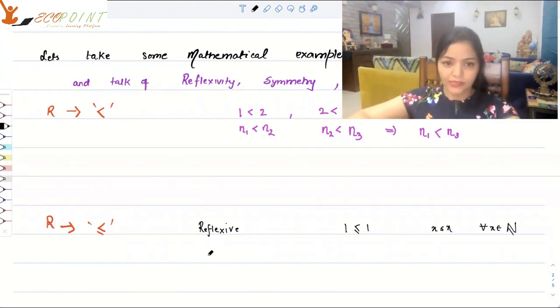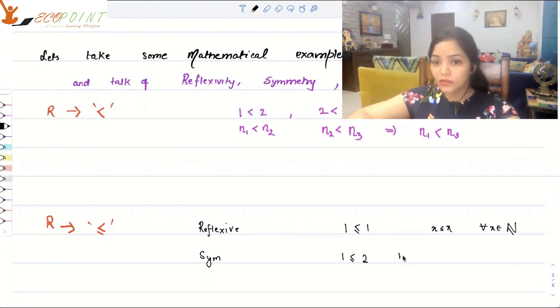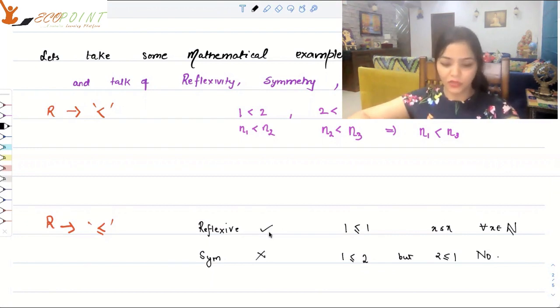Now, is this relation symmetric in nature? Well, 1 is less than or equal to 2. But is 2 less than or equal to 1? Well, absolutely no. So this is a reflexive relation, but not a symmetric relation.